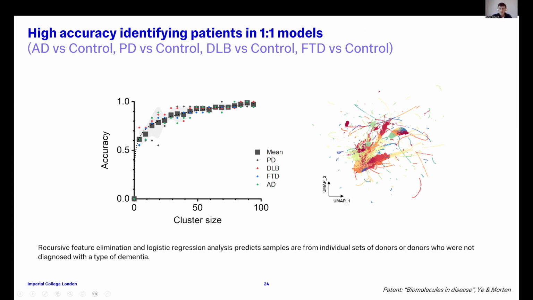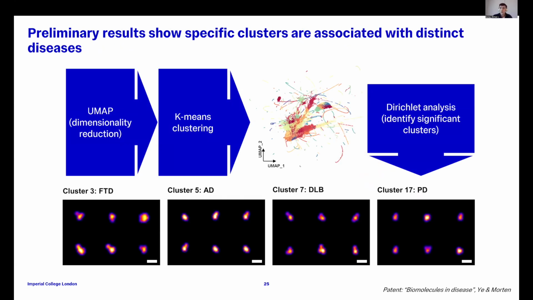This is wonderful, and it's really encouraging that we can use morphology in this way, but it doesn't really tell us what morphology features we're looking at. So we used a second analysis, a Dirichlet analysis, to pull apart the different clusters and find out which ones are significant. The Dirichlet analysis is really useful in this context because we're looking at the different fractions of aggregates within each cluster.